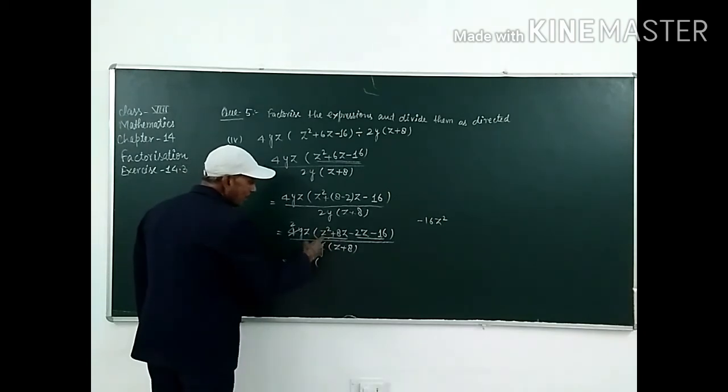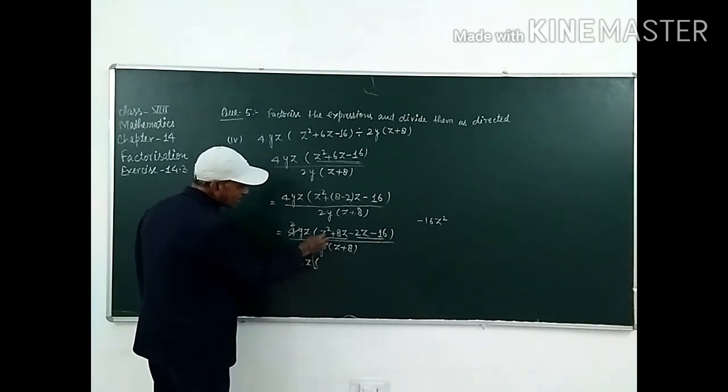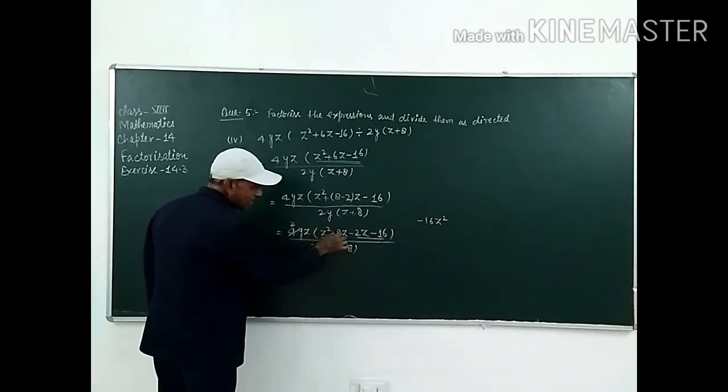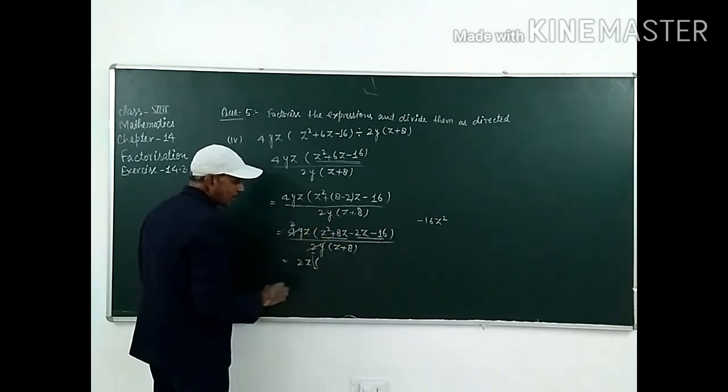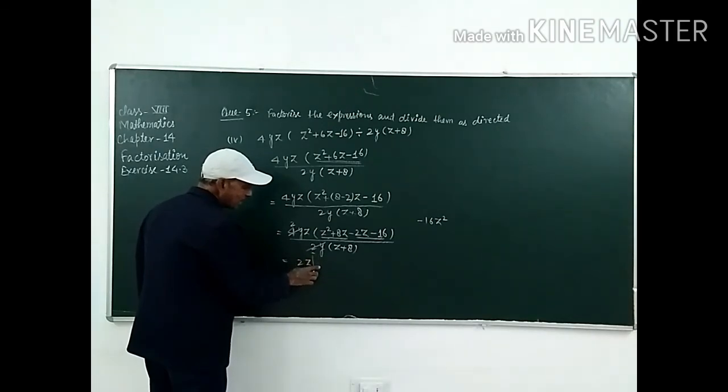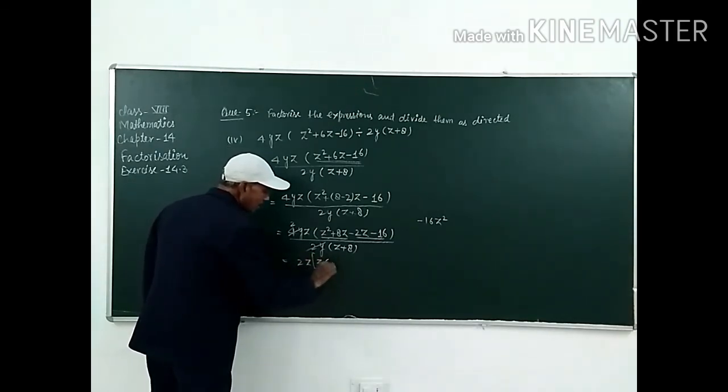In this pair we take z as common, because there is z square and 8z, students.